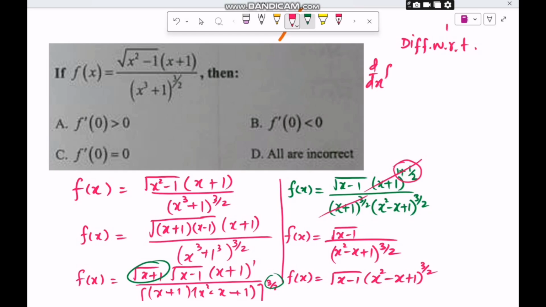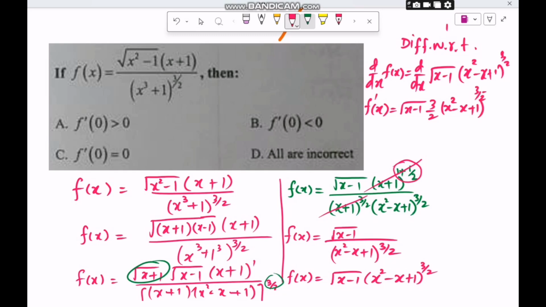This becomes f prime, and we write first x minus 1 power 1 by 2, and we differentiate this using the power rule. Its power is 3 by 2, so we bring the power in the beginning, x square minus x plus 1 with power 3 by 2 minus 1, and then the derivative without power: x squared derivative is 2x, and x derivative is 1, so 2x minus 1.